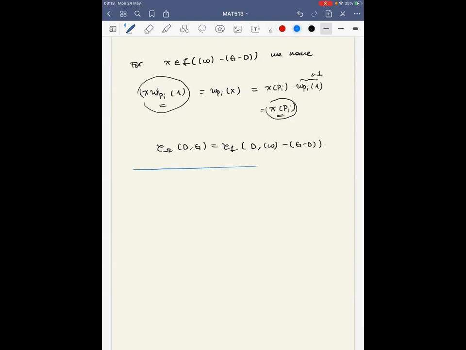So as a summary, we know that these AG codes are related to each other in terms of the dual relation, thanks to the existence of such a Weyl differential omega.